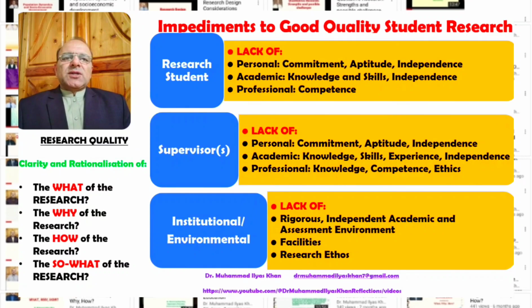And so these include the students' role themselves, the supervisor's role or the process of supervision, the quality of supervision, and the institutional environment. All of these play their role. If there is compromise in any of these roles, the result will be an impact on the quality of student research.